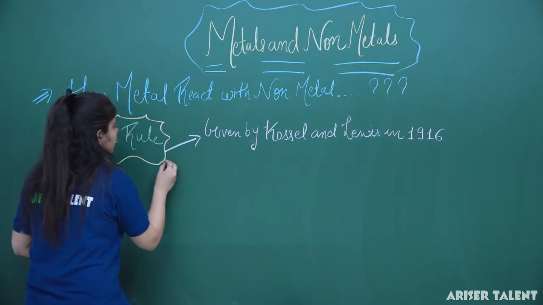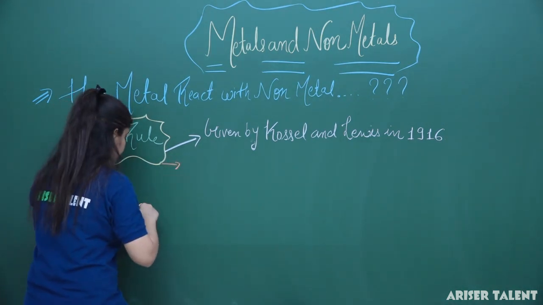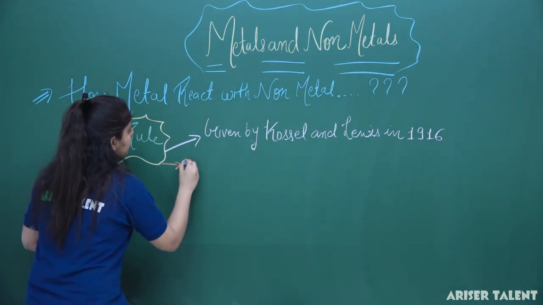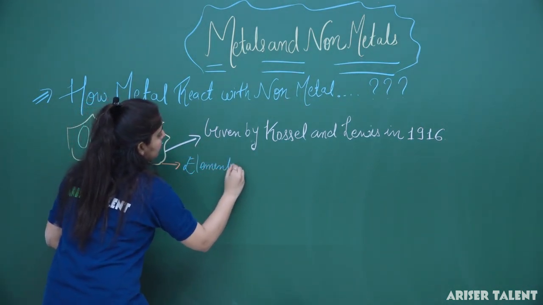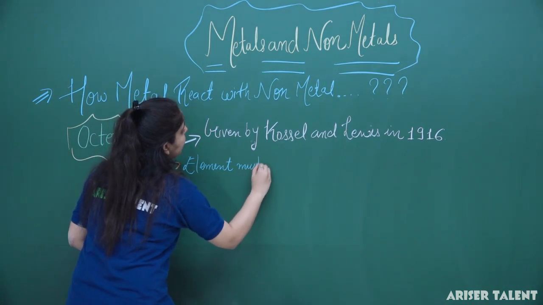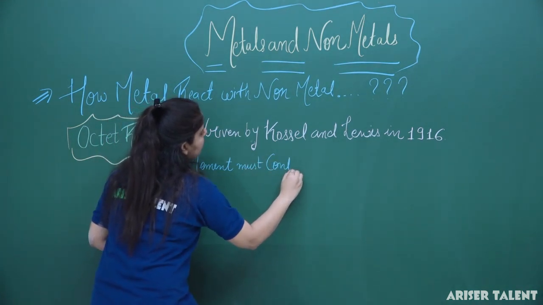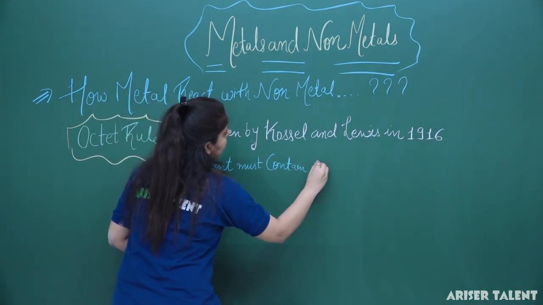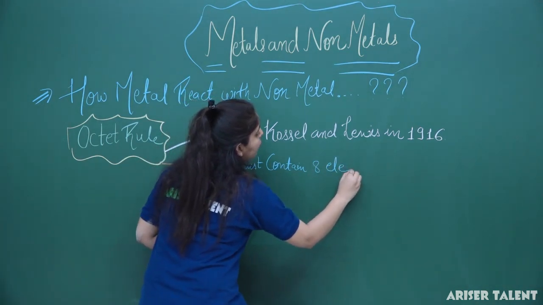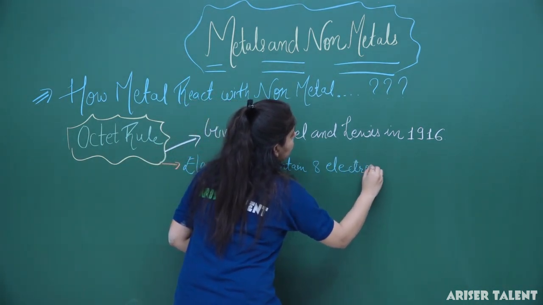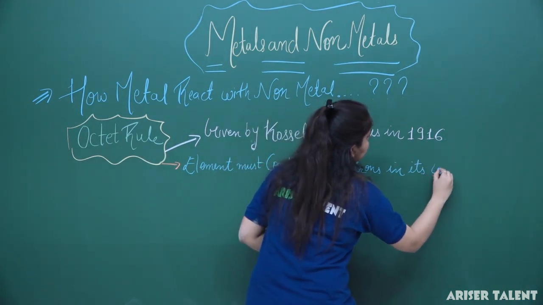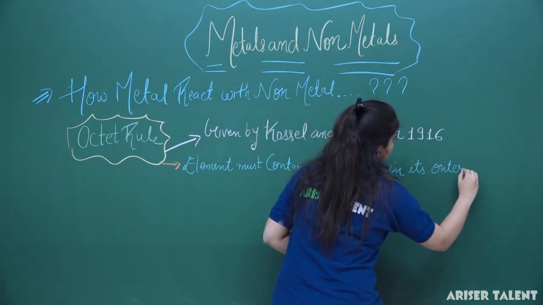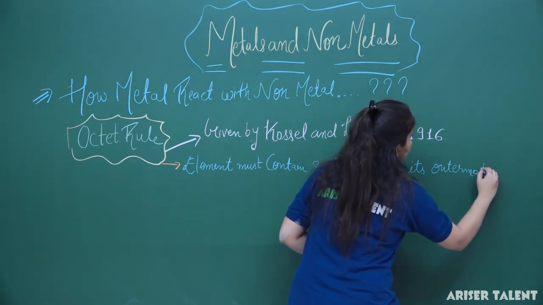So the rule is: the element must contain 8 electrons in its outermost shell.